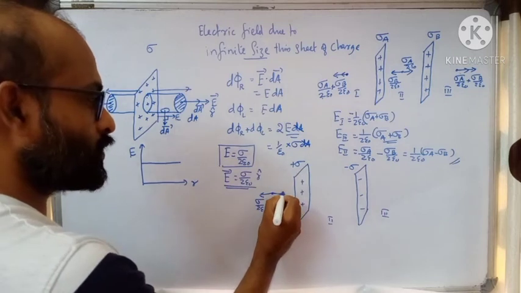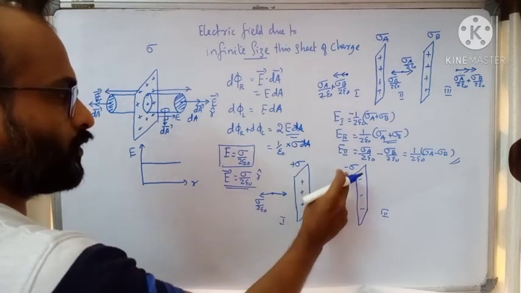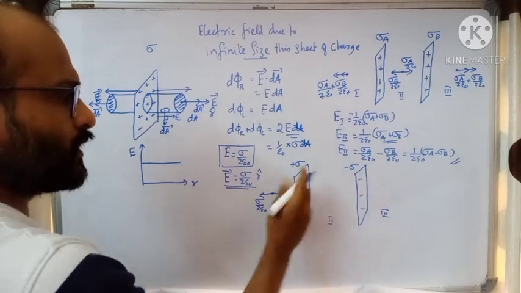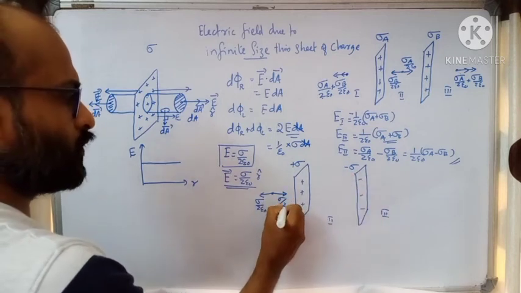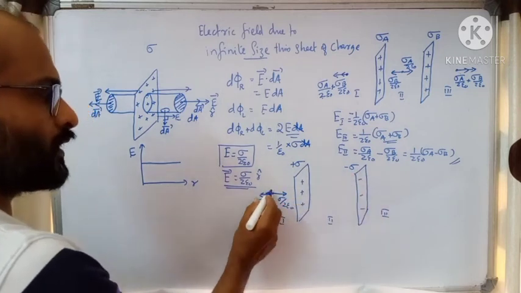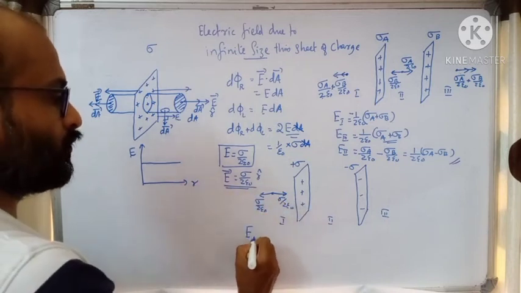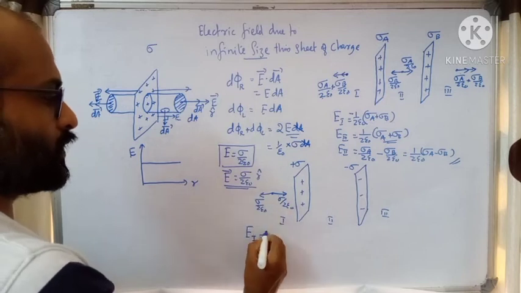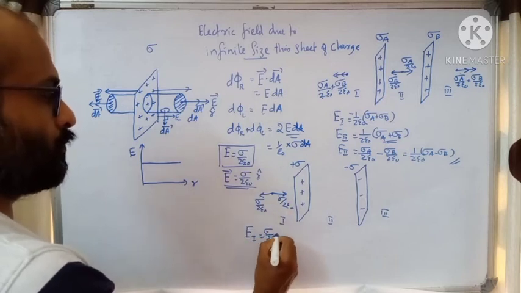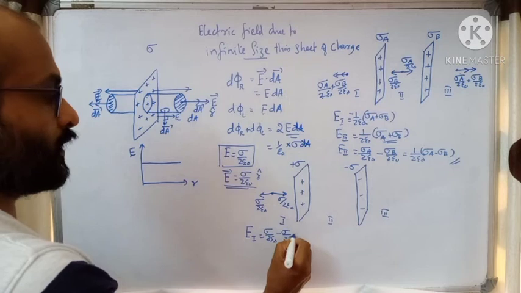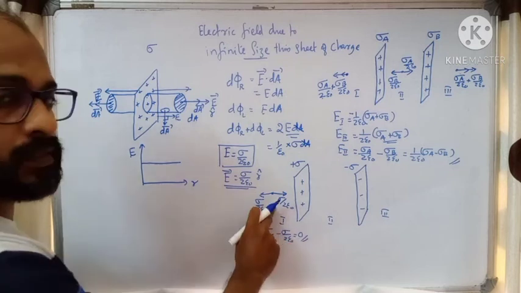This is the direction of the field. What's the value? Again, same charge density, so sigma by 2 epsilon 0. Both vectors are in opposite direction. What's the net field in region 1? We subtract: sigma by 2 epsilon 0 minus sigma by 2 epsilon 0. We will get a value 0. The net field will be 0.